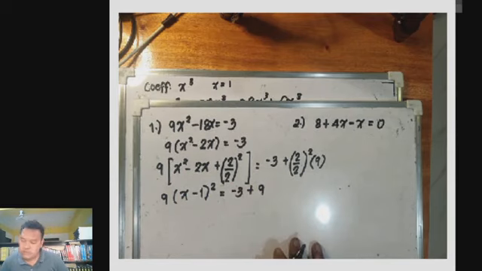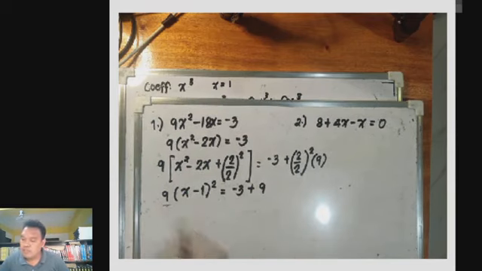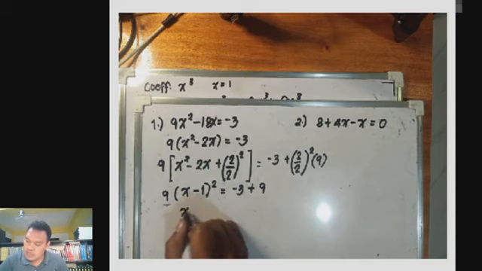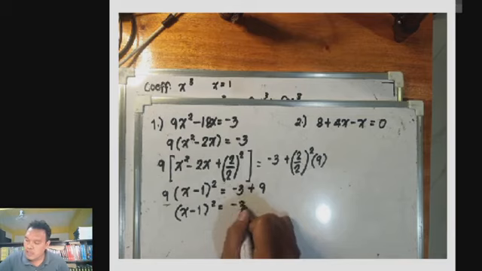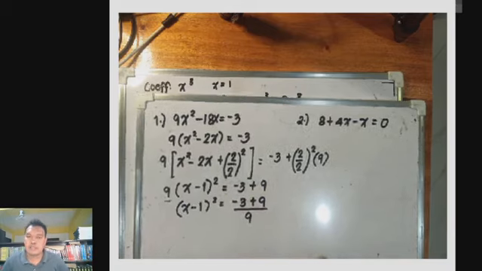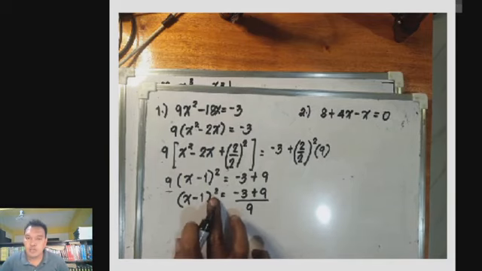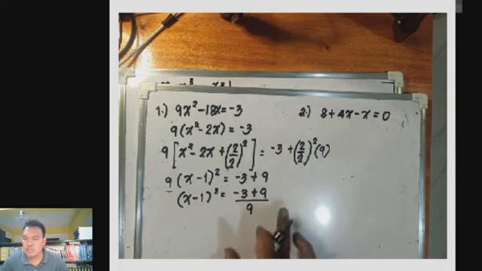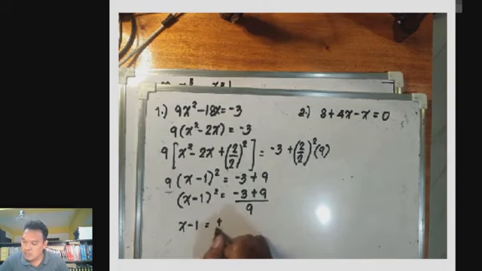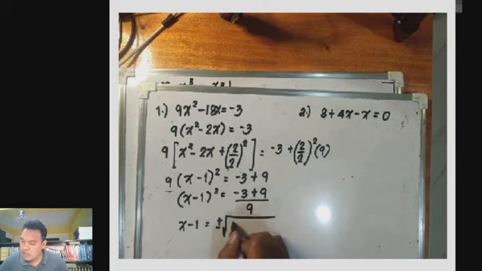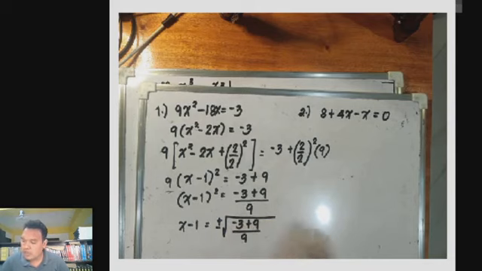Then, to remove the value of 9 here, we get (x minus 1)^2 equals negative 3 plus 9 over 9. Then, to remove the exponent 2 here, I move it to the other side, we have x minus 1 equals plus or minus the square root of negative 3 plus 9 all over 9.